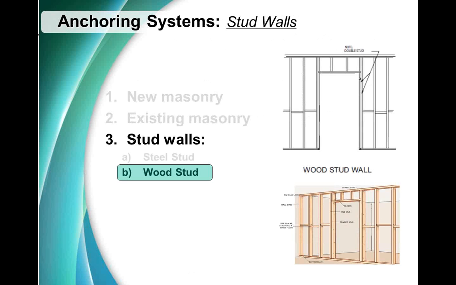Looking at wood studs. Now, these are more prevalent on the West Coast, but the studding process is a little different in that wood stud walls are always studded out and the rough opening is present before the frame is installed. So the wall is usually not built around the frame.